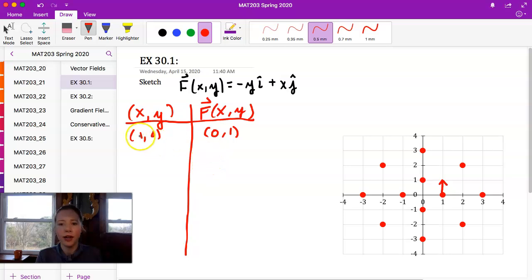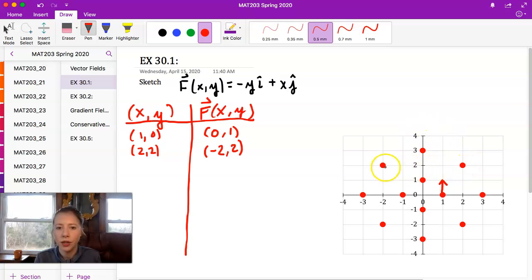Now for our next one, let's do 2, 2. If you plugged in 2 for both x and y, we'd end up with minus 2 i hat and 2 j hat. So if we find our point 2, 2, our vector is going to point towards minus 2, 2.